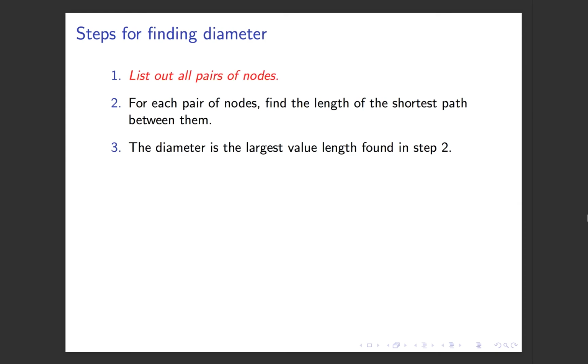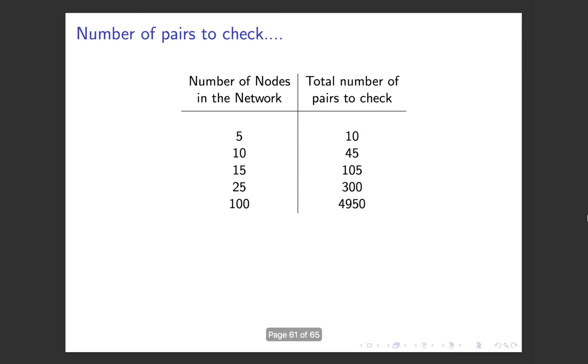The first step is one that can be very time-consuming to do: listing out all possible pairs of nodes. Here's a quick little table that gives you a sense of how much work would be involved in this. The network that we considered had 5 nodes in it, and it ended up having us check about 10 different pairs of nodes.